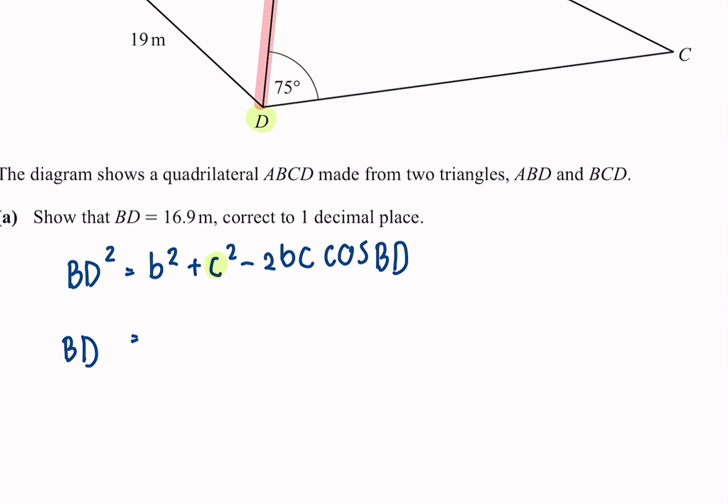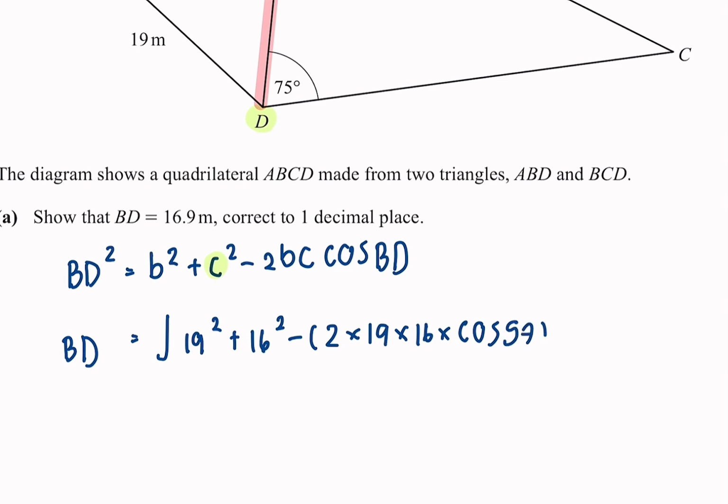Therefore, BD is equal to square root 19 squared plus 16 squared minus 2 multiply 19 multiply 16 and multiply cos 57.